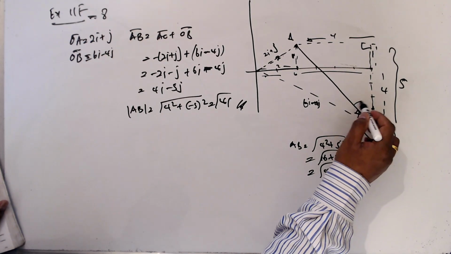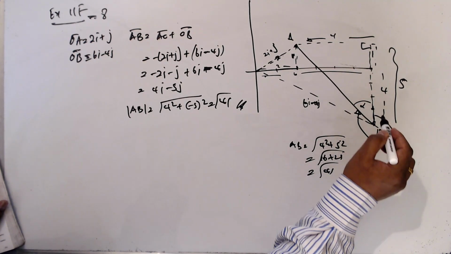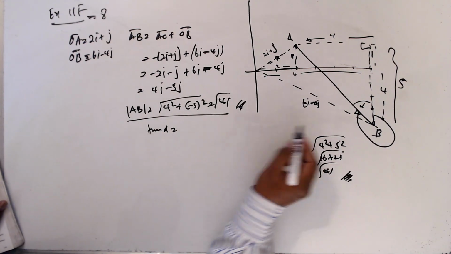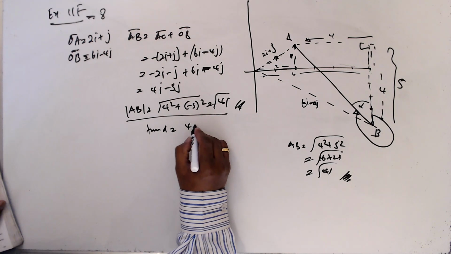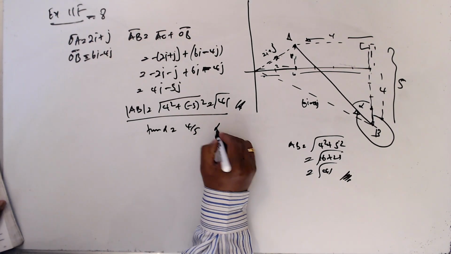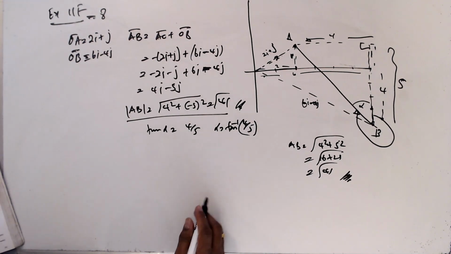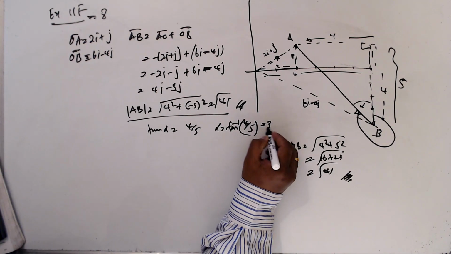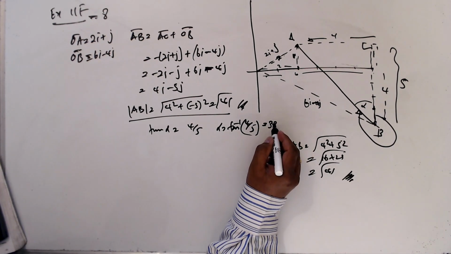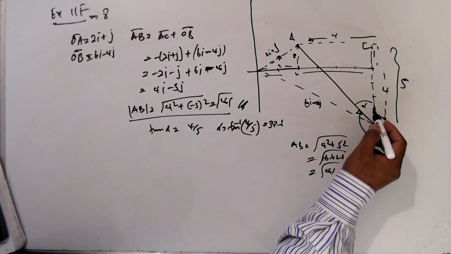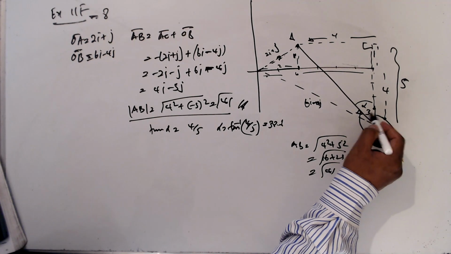If I know this angle, I'll take this as alpha. tan alpha equals 4 divided by 5, so alpha equals tan inverse 4 over 5. This angle is 38.6. Okay, let's say this is 38.